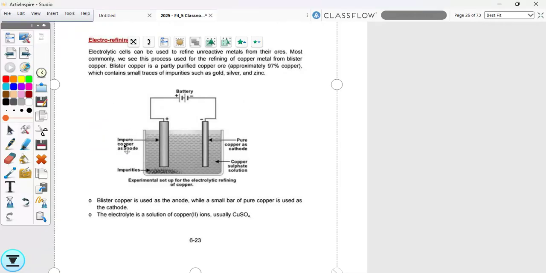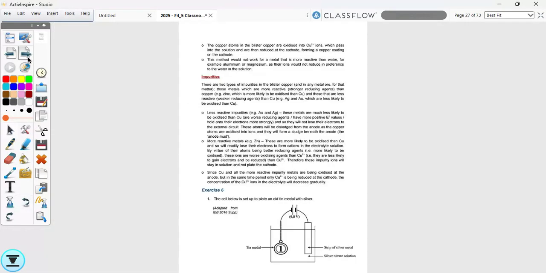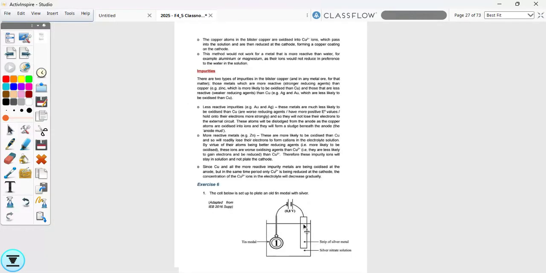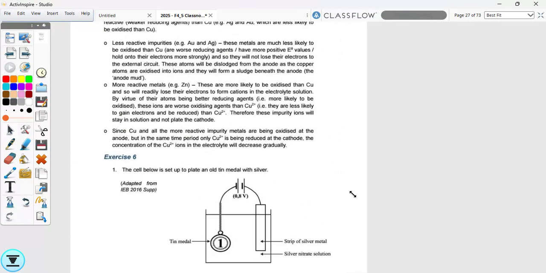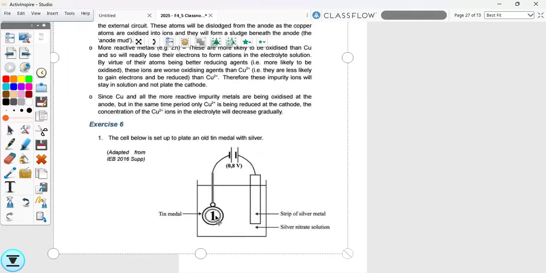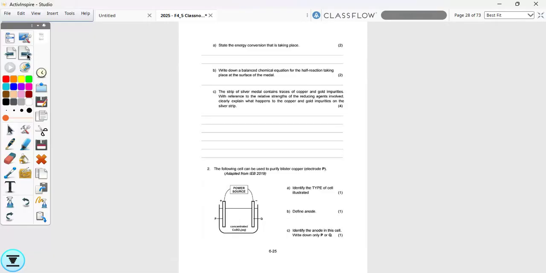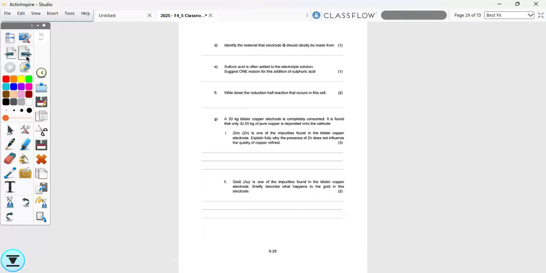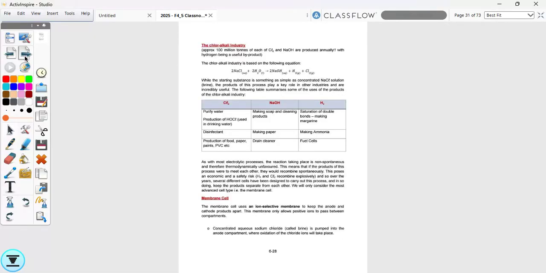So you've got copper ore and you want pure copper out of it, that's an application. If you want to plate jewelry with metal, so you have a piece of cheap metal and you want to cover it with gold or silver, it's called electroplating. It's just an application of electrolysis or electrochemical cells. Okay, so all of these are just applications.